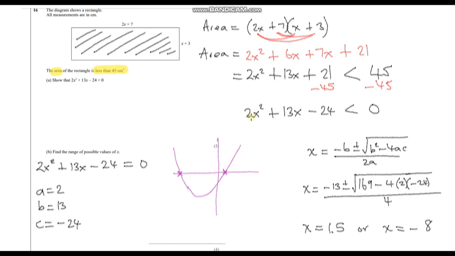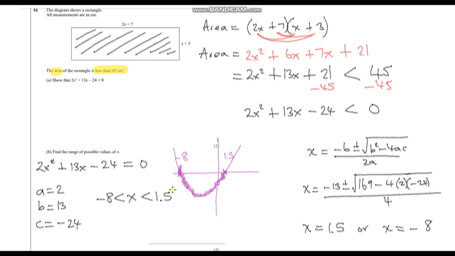Now we're looking at what values can we put into the expression to give us a y value of less than 0. Well, anything less than 0 is going to be anything underneath our x-axis. So all of these values here will be legitimate. So it's anything between negative 8 and 1.5. So let's write that down. So negative 8 is going to be less than x, which is less than 1.5.